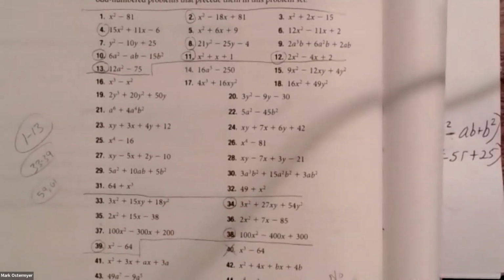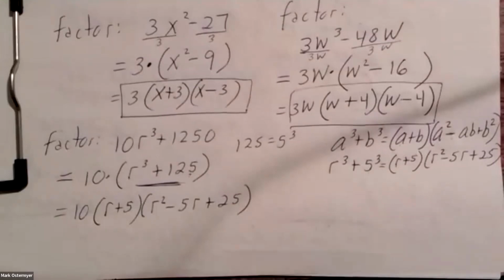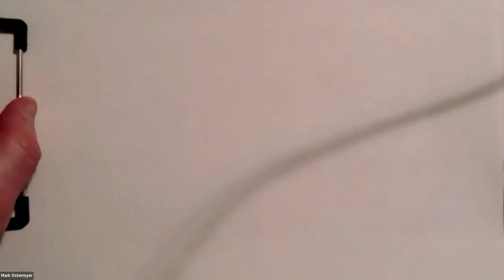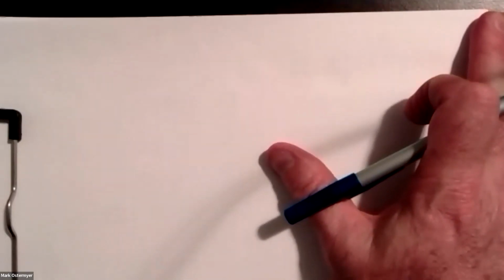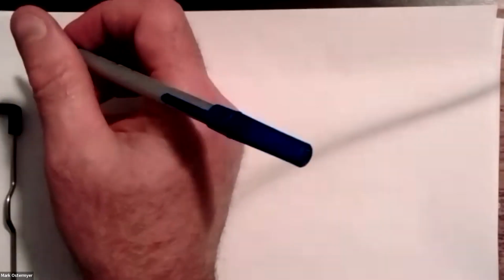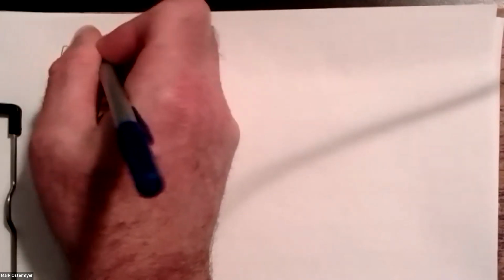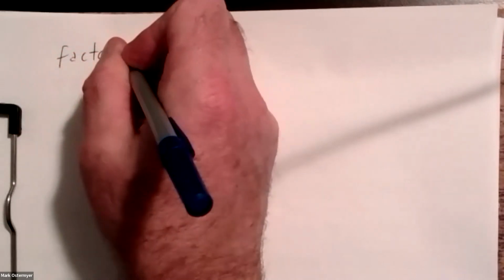Our job is to factor every one of these completely. That's what they're going to have us do. I guess I could just pick and choose some unless somebody would like to see any of these done specifically. If so, let me know. Otherwise, I'll just pick and choose. So let's see if we can try a couple of these.